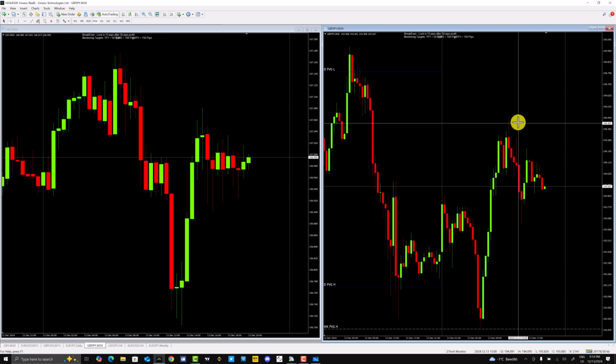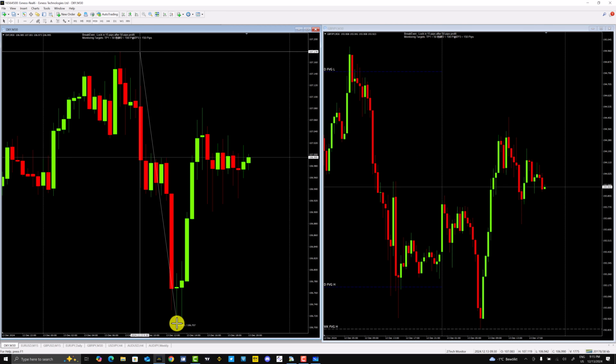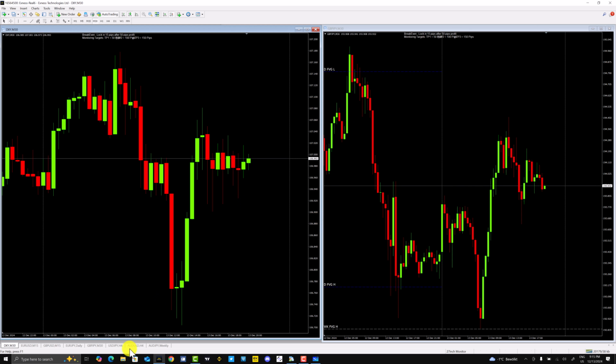If we start from here, we can have more than that, 160 pips. The dollar index moved only about 47 pips, and then our GJ made more than 100 pips.